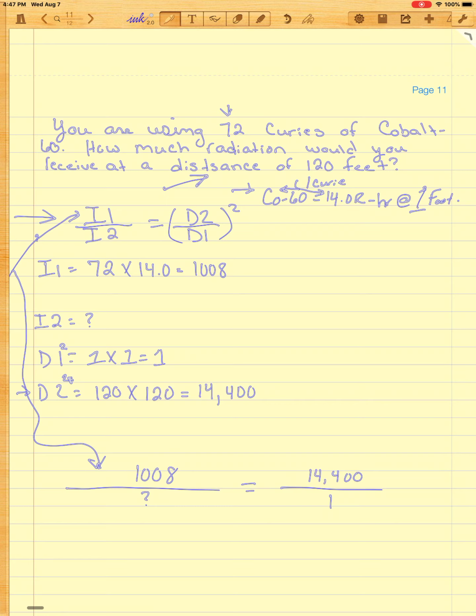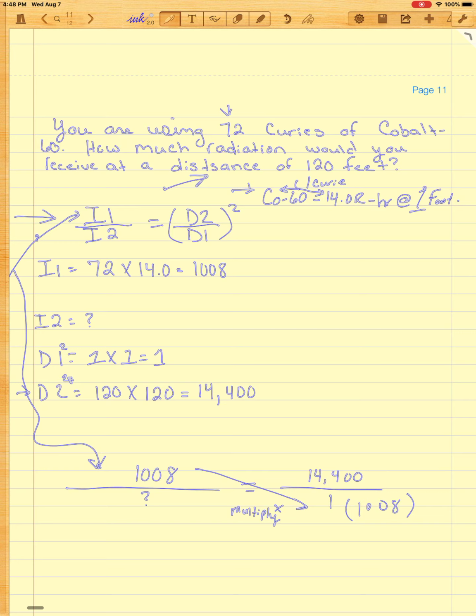So the next step we're going to do is simply cross multiply these two. 1008 times 1 is, of course, 1008.